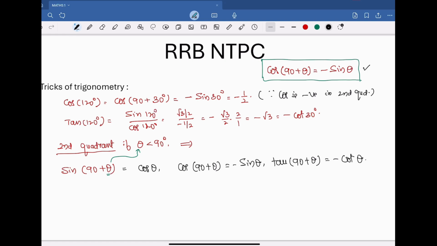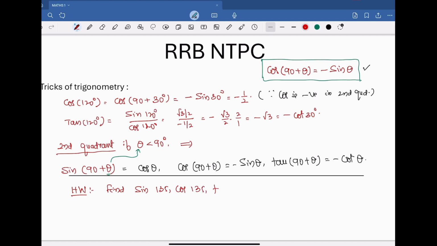These things, please try to understand them. For different values, I will give a homework. Find sin 135, cos 135, tan 135, secant 135, cosecant 135 and cot 135.